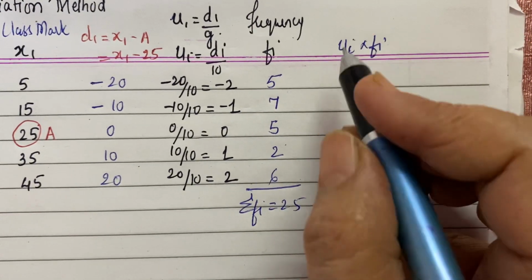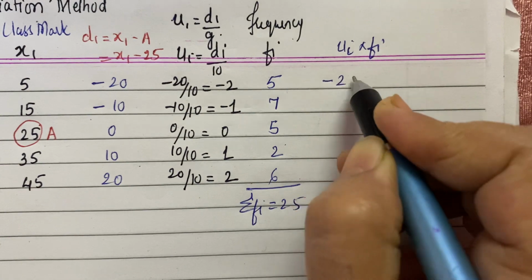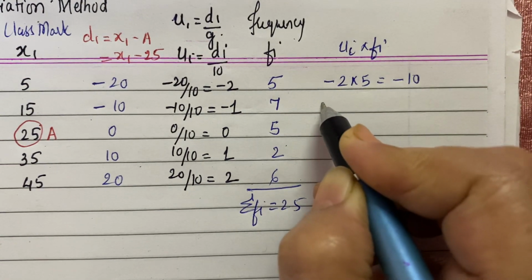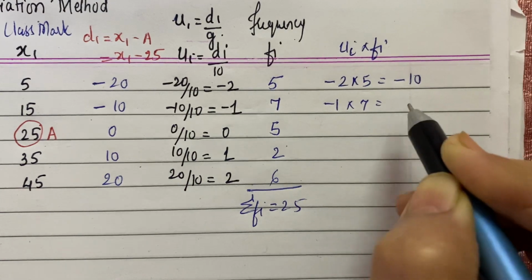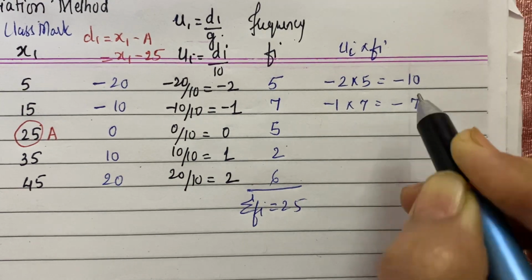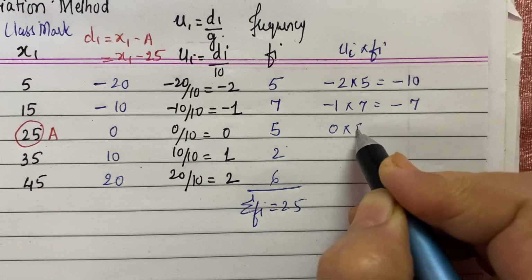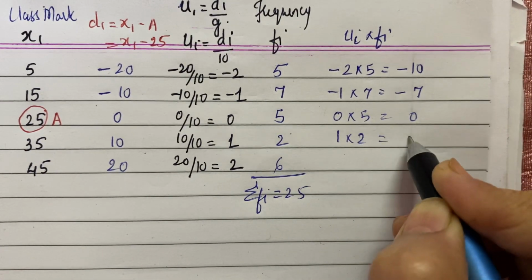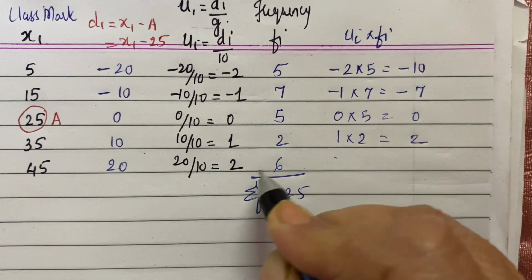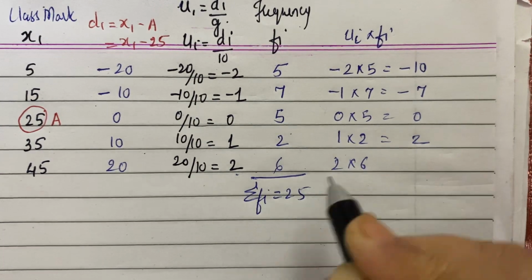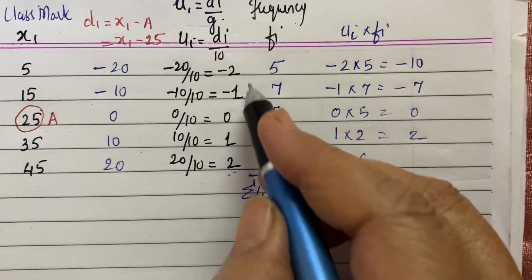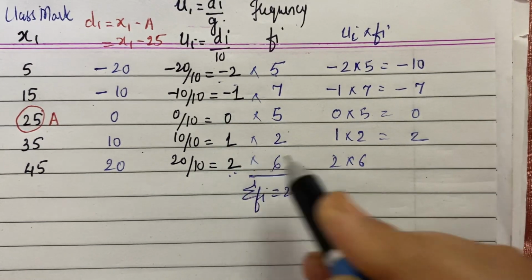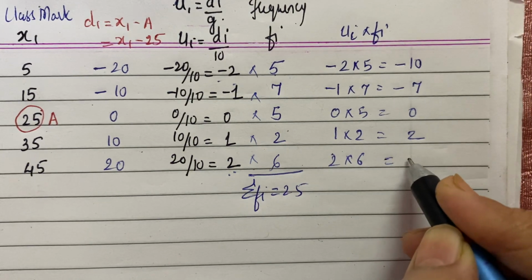So this ui into fi will be minus 2 into 5, that is minus 10, minus 1 into 7, that is minus 7, 0 into 5 is 0, 1 into 2 is 2 and 2 into 6, we have to multiply these two. That will give you 12.